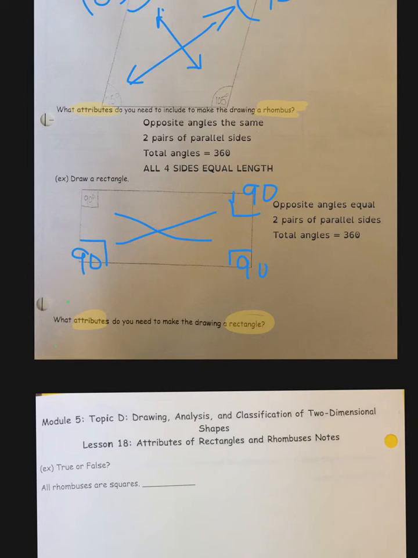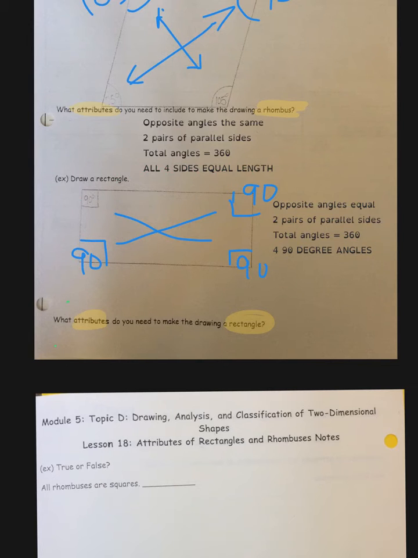This is the really important one that makes it different. Four 90-degree angles. That makes it different than a rhombus. Okay? That one didn't have to have 90 degrees.